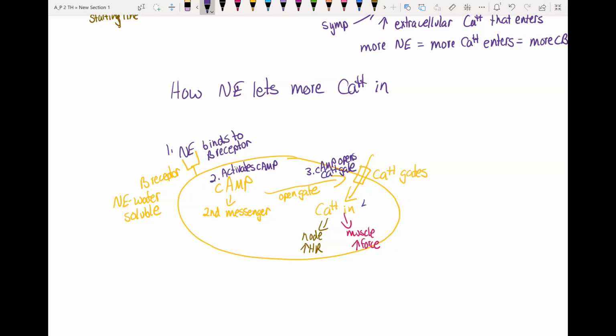And then step 4 is extra calcium enters. Then step 5 depends on if it's a node or a muscle. So step 5 in a node would be increased heart rate. Step 5 in a muscle would be the increased force due to the more cross bridges.